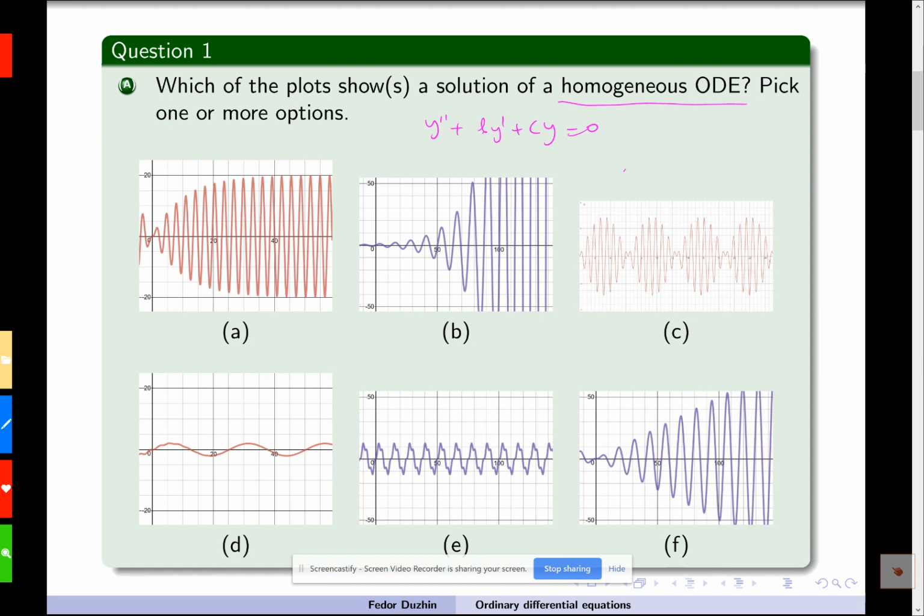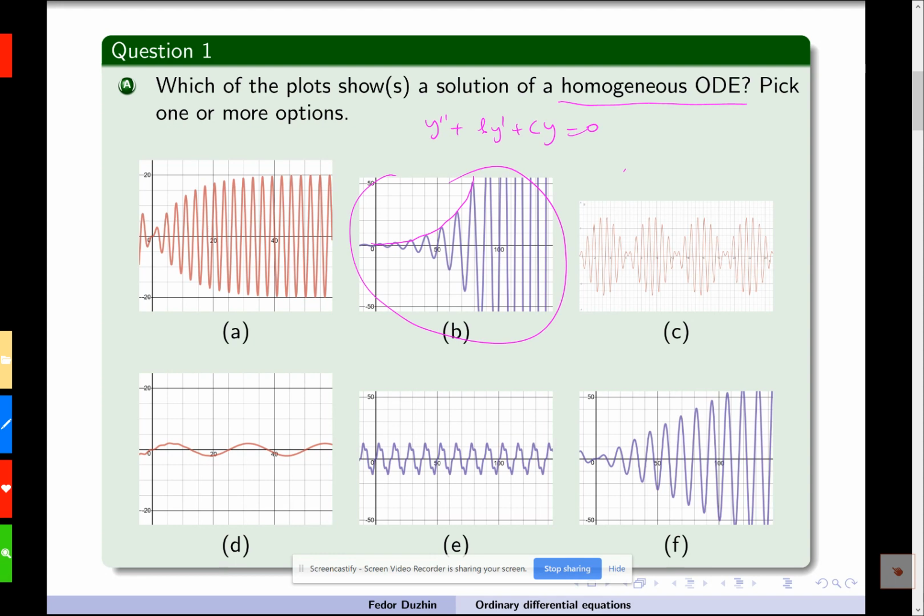But then whenever it is oscillations, there could be oscillations of exponentially decreasing magnitude, oscillations of exponentially increasing magnitude, or oscillations of the same magnitude. And we only see one plot like this, plot B. So here we see oscillations of exponentially increasing magnitude.